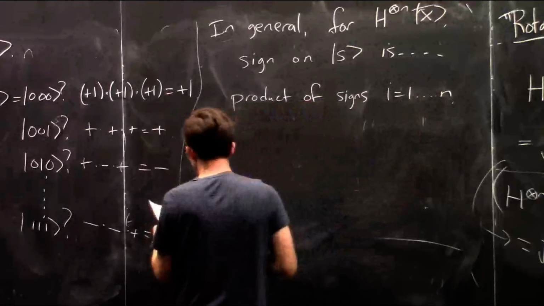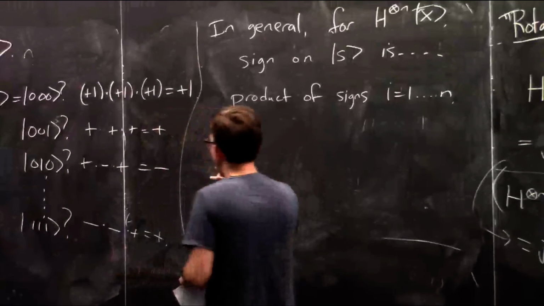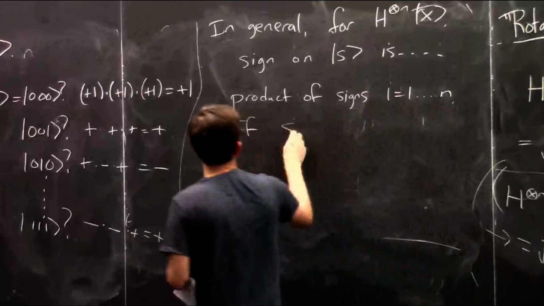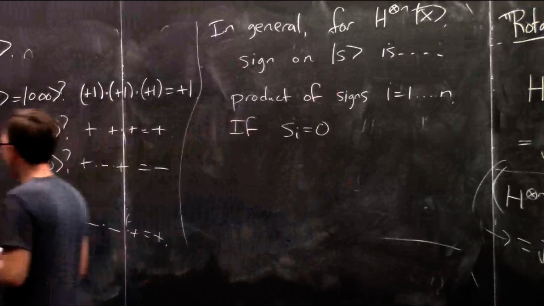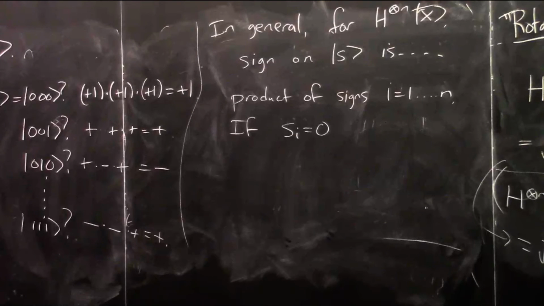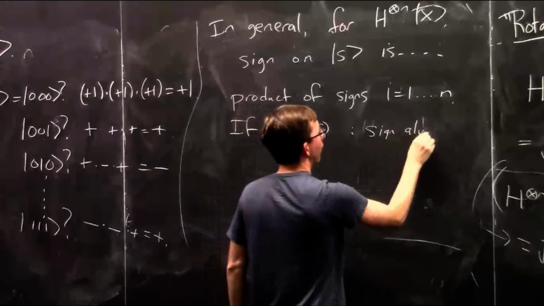Here n was 3. And what happens if Si is 0, if the ith bit of S is 0? Then that's like saying I need to get the 0 from the ith piece here. And the 0 always has the sign 1, the plus. So then the sign is always plus.